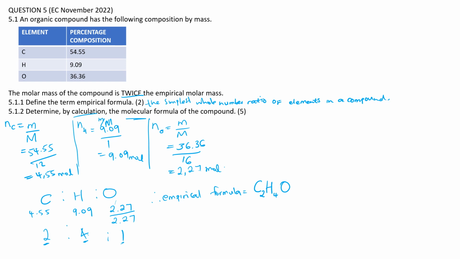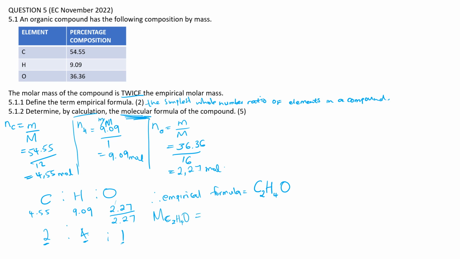The next thing, remember the question says we must determine by calculation the molecular formula of the compound. So we have found the empirical formula. The next thing we must do is to find the molar mass of the empirical formula, which is C2H4O.